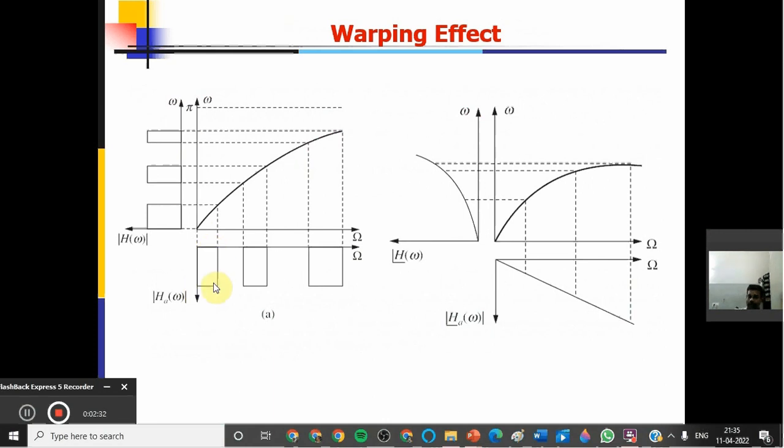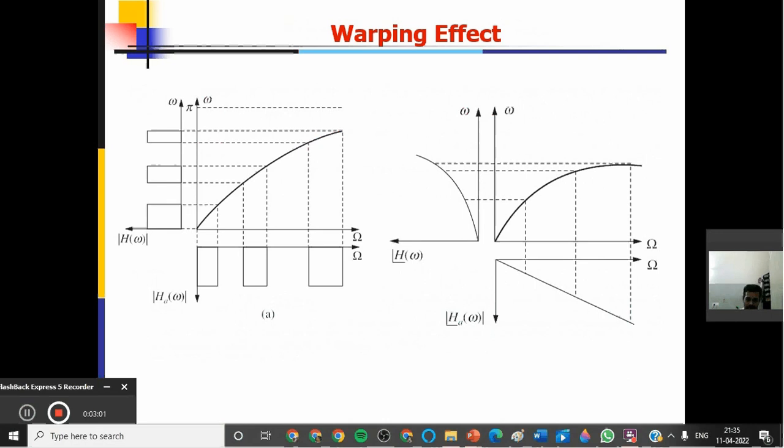At low frequency, when you are converting from analog cutoff frequency to digital cutoff frequency, the frequency is expanded. And at high frequency, when you are converting from analog frequency to digital frequency, the frequency is compressed. So here the frequency distortion is occurring. This phenomenon is called frequency warping.